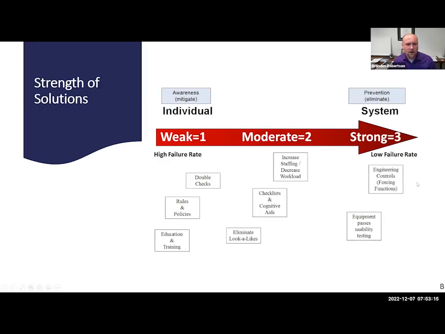And then the healthcare scenario here, using that same kind of list that we just had, the strong items have a low failure rate, the weak items have a high failure rate, and sometimes we cannot only do strong solutions. Sometimes with a strong solution, maybe if we purchase new equipment, we have to have training with it, but we don't do training solely.